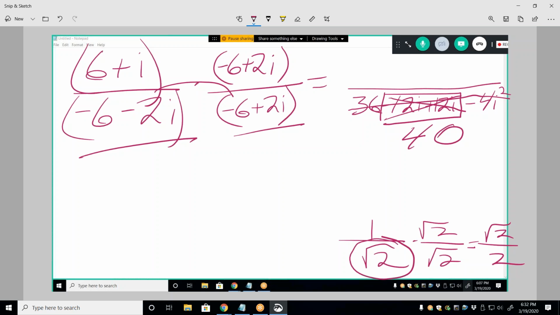So it's negative 36 plus 12i minus 6i plus 2i squared. Okay, simplify that.